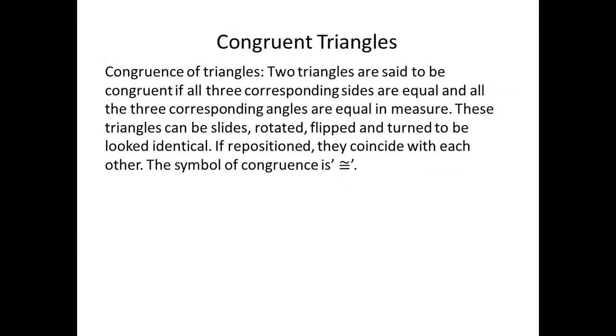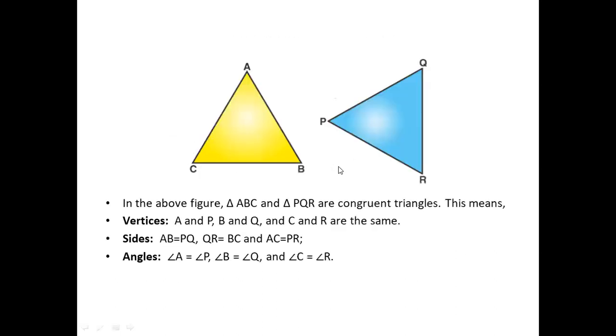So this can be slid, rotated, flipped, and turned to look identical. It doesn't matter how they're turned. If the corresponding sides are equal and the angles are equal, then we say that the triangles are congruent. And this is the symbol of congruency that we use.